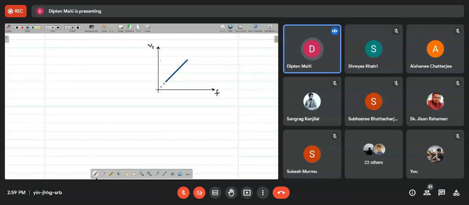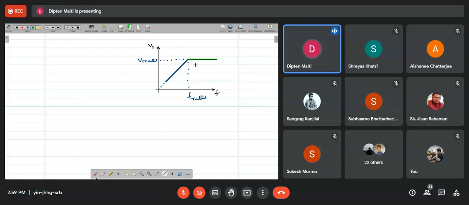And once this achieves the rated voltage, at the rated frequency, maintaining the ratio, beyond that we cannot increase the voltage. So the voltage would remain constant, although the frequency changes.